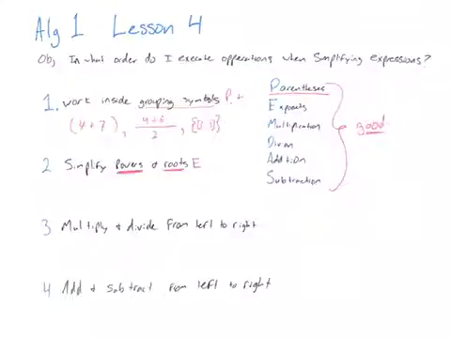So powers might look like 3 to the 4th power, like we talked about in the last lesson. A root might be the square root of 4. This is also a kind of power exponent. So just remember that, and add a little bit to your definition of exponents.